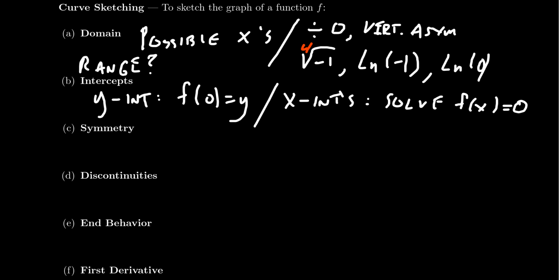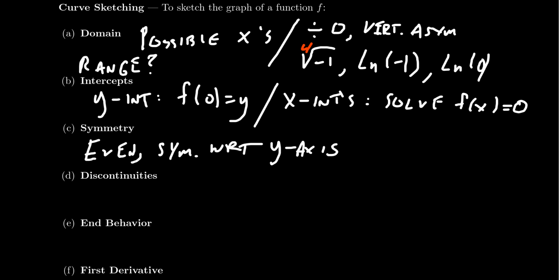The notion of symmetry. What do we mean by symmetry here? There's a couple different types of symmetry we've talked about this semester already. One is the idea of even symmetry, when your function is symmetric with respect to the y-axis. That is, if we reflect the graph across the y-axis, we get the exact same thing again.